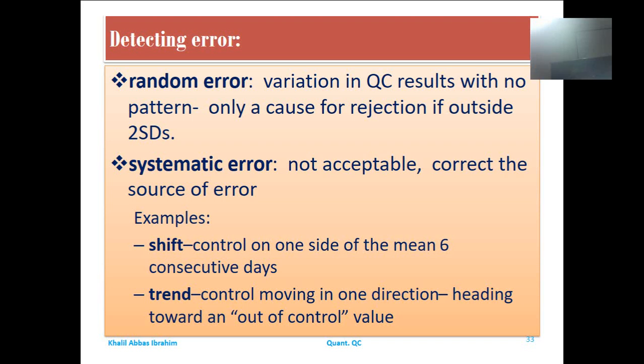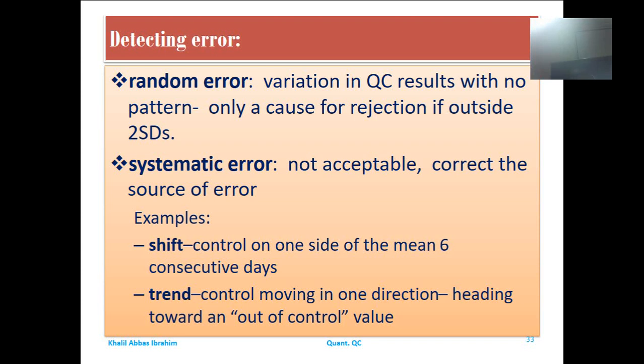The other example of systematic error is trend. Trend is indicated by the control values moving towards one direction, either going upward or downward, and it doesn't matter from what point they start. But in this situation they are described as heading towards an out of control value.